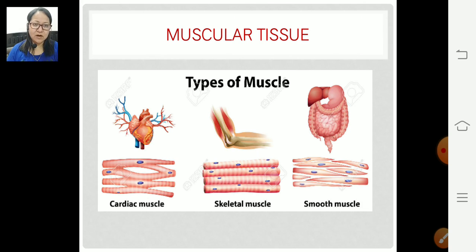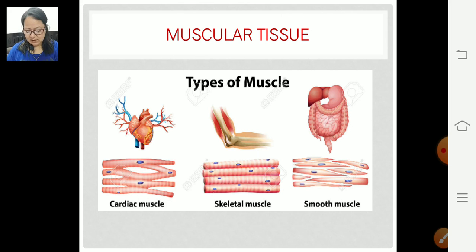That's why it is called striated muscles. These muscles are attached to the bones. That's why it is called skeletal muscles. The contraction and relaxation of these muscles can be done by our own will. It can be controlled by our consciousness. That's why it is called voluntary muscles.